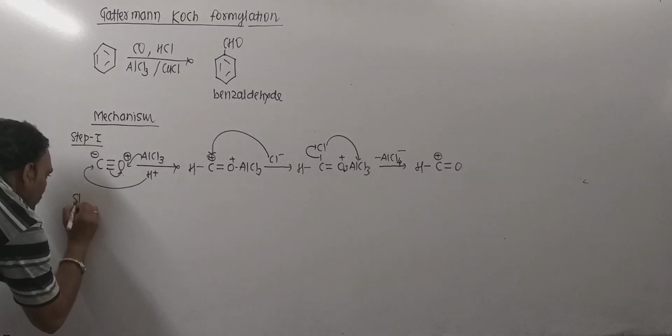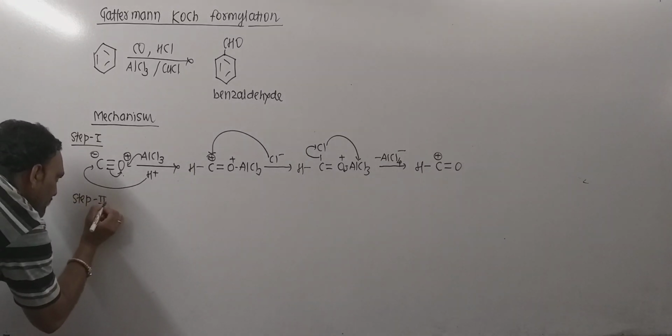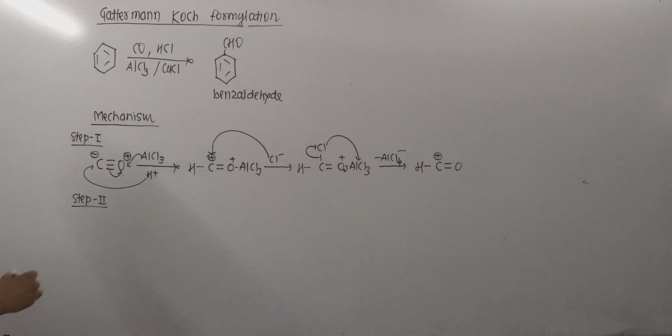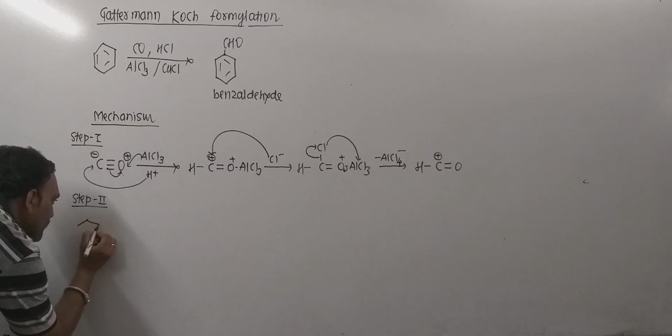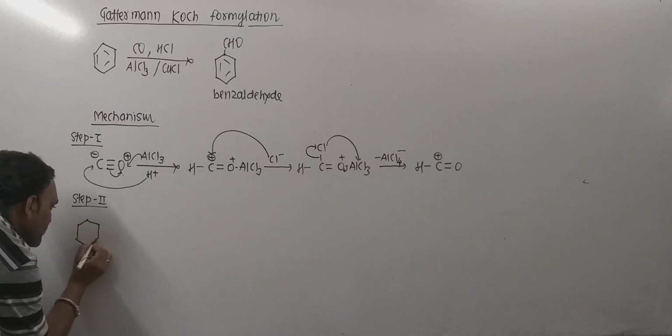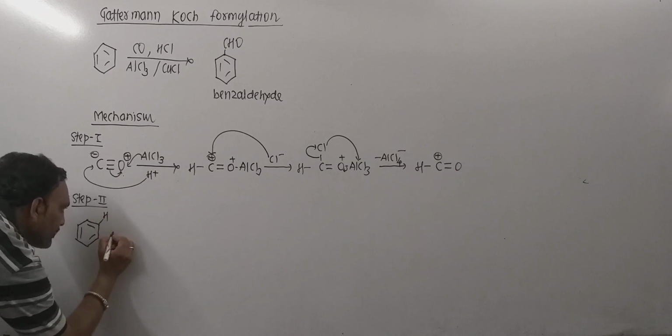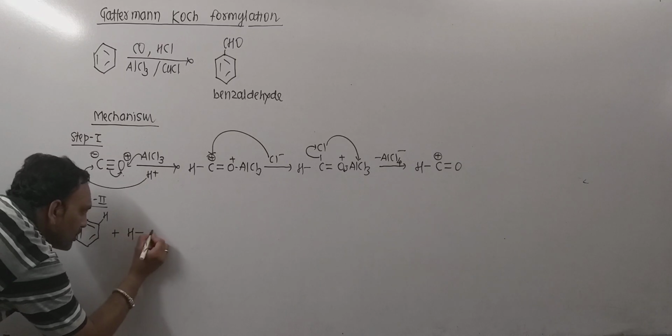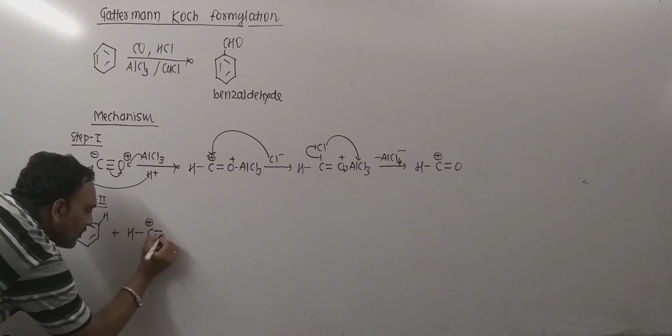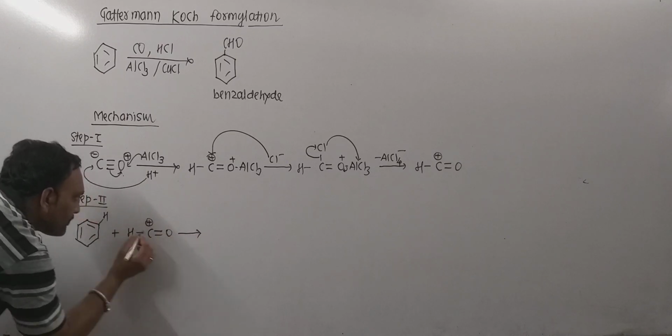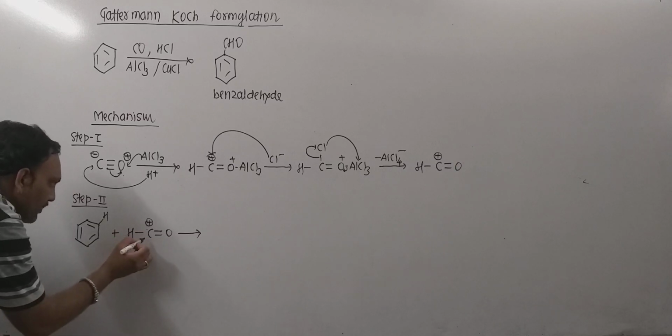Now in step number 2, in the second step, that electrophilic species attacks the benzene ring. Now benzene can be given as. So the species formed in the above step attacks the benzene.